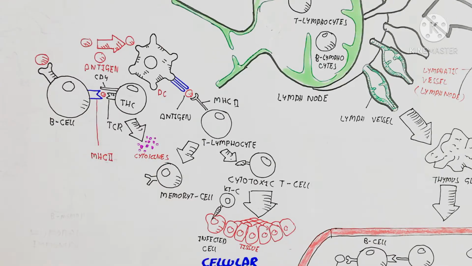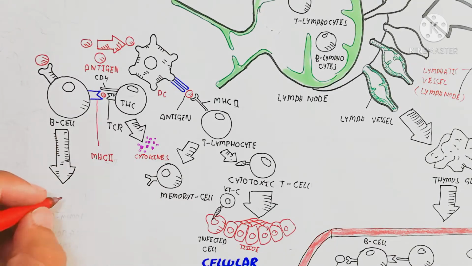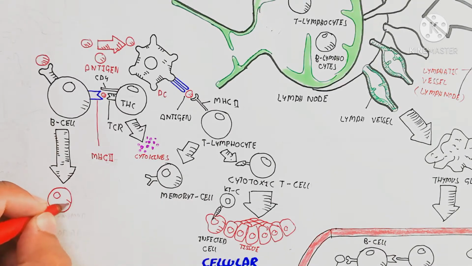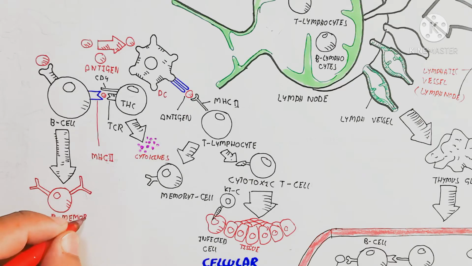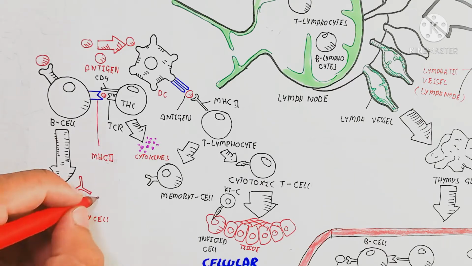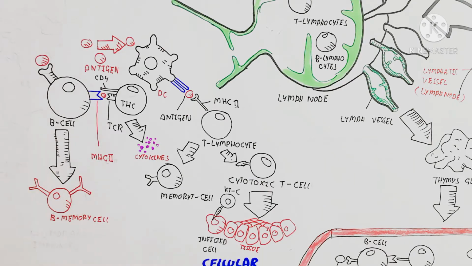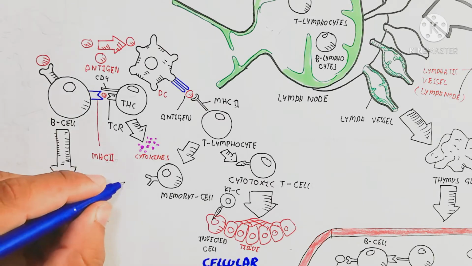These cytokines attract more B cells, and that B cell will be converted into B memory cell and plasma cell.